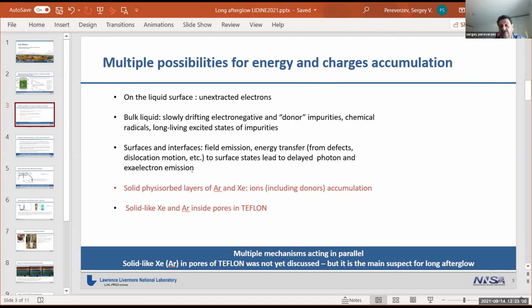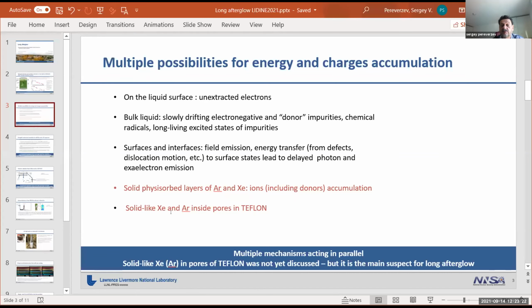And finally, there are two other mechanisms. On all solid surfaces, you have physically sorbed layers of solid xenon and argon, up to about 8 monolayers. And in these layers, positive ions can accumulate, and other objects can be produced in solid xenon, which store energy and can release it.